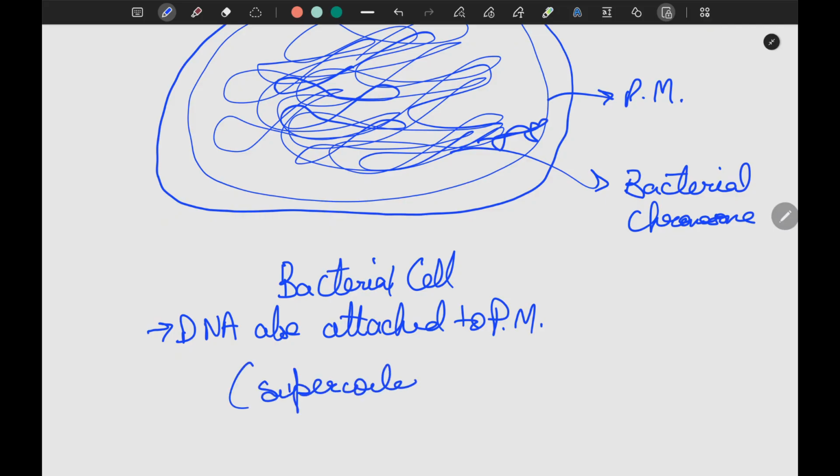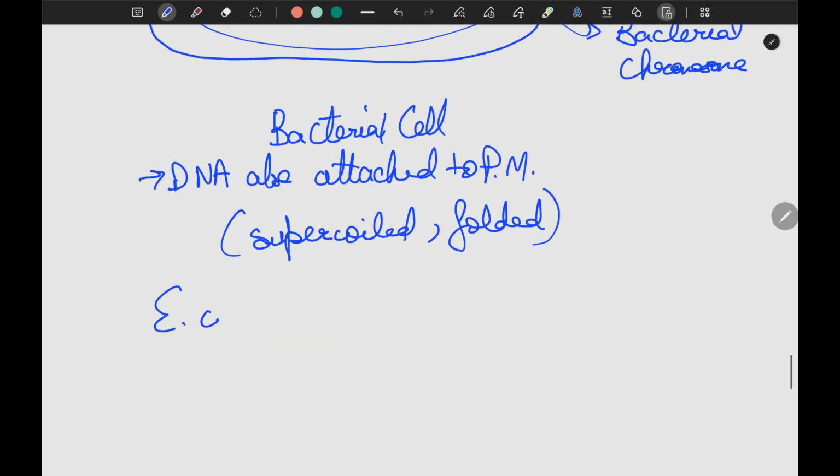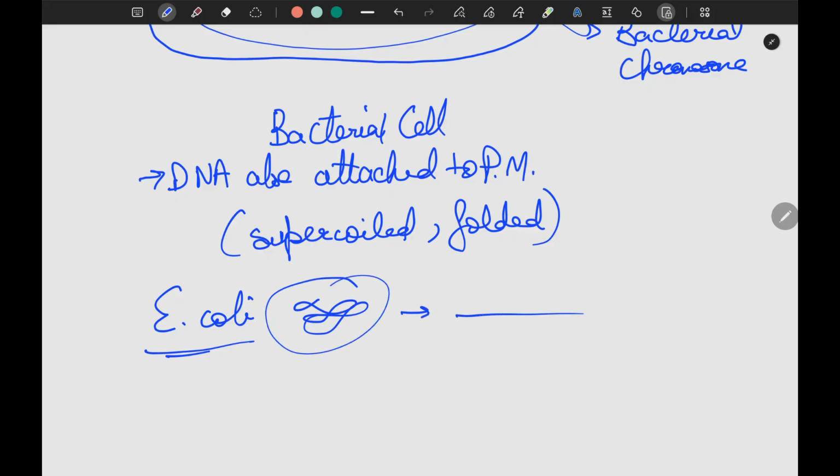You can see it is coiled so it can fit inside the cell, and folded, because like in the example of the E. coli chromosome, suppose this is an E. coli bacterium, here's the DNA. When it's stretched out, it is 500 times longer than the cell.